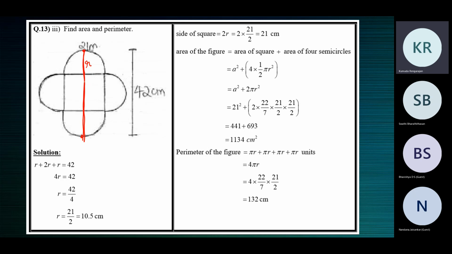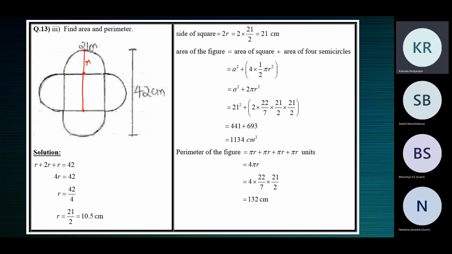This length is equal to the diameter of the semicircle, which is 2r. Diameter is twice the radius, and this length is equal to the radius. So r plus 2r plus r is equal to 42. I'll tell you again. 42 is from here to here. This is the radius, plus from here to here.